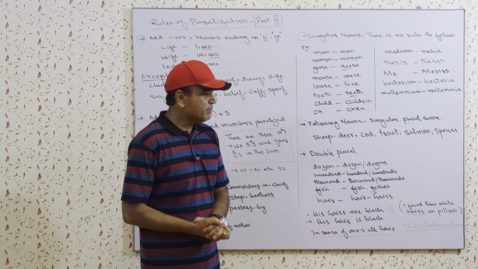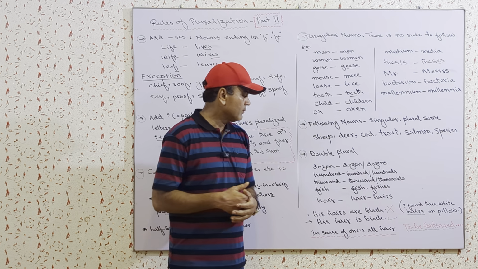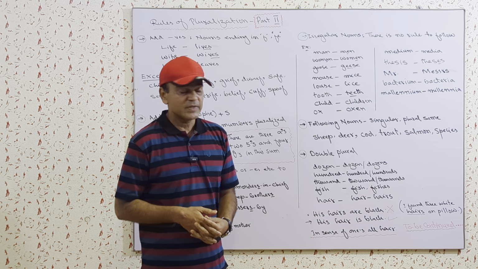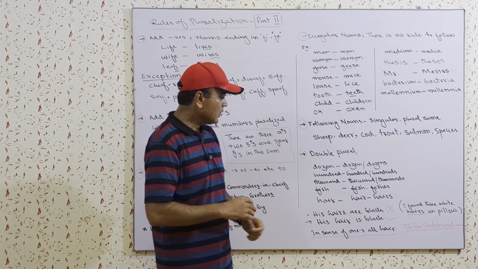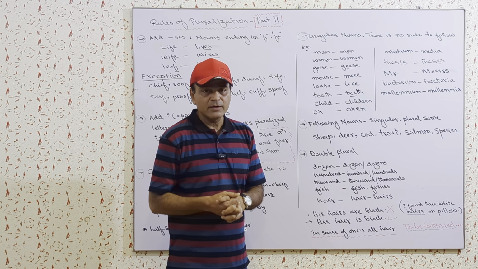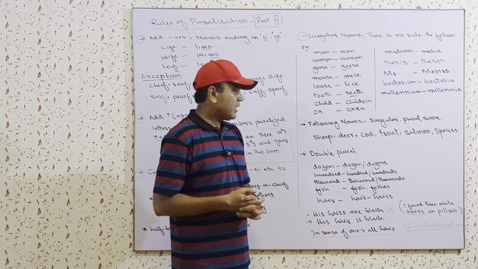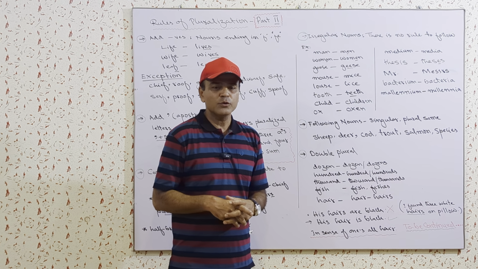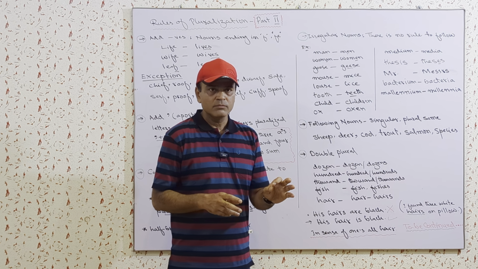Now, you must be thinking that if they have a double plural, what is the difference? Let me define it. If you give the exact number of something, like if I say 5 dozen, what is the exact number? 5.